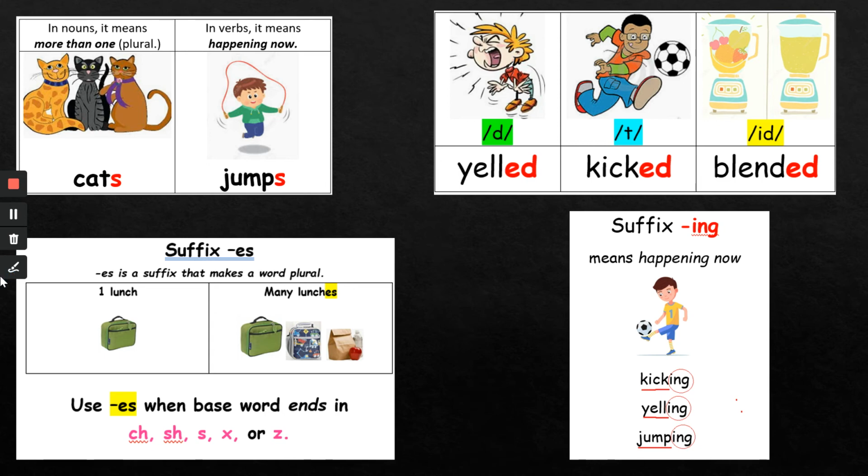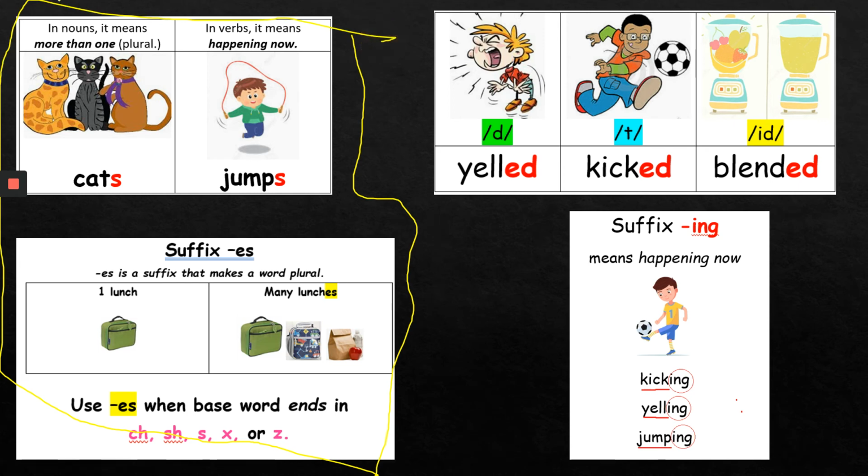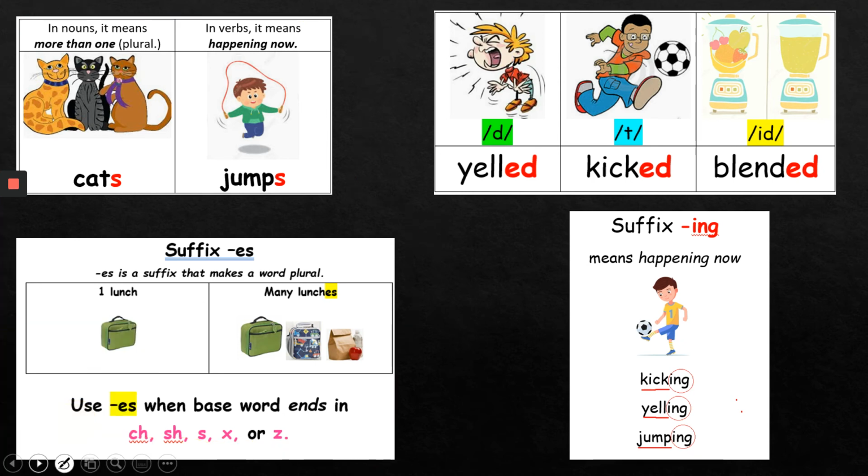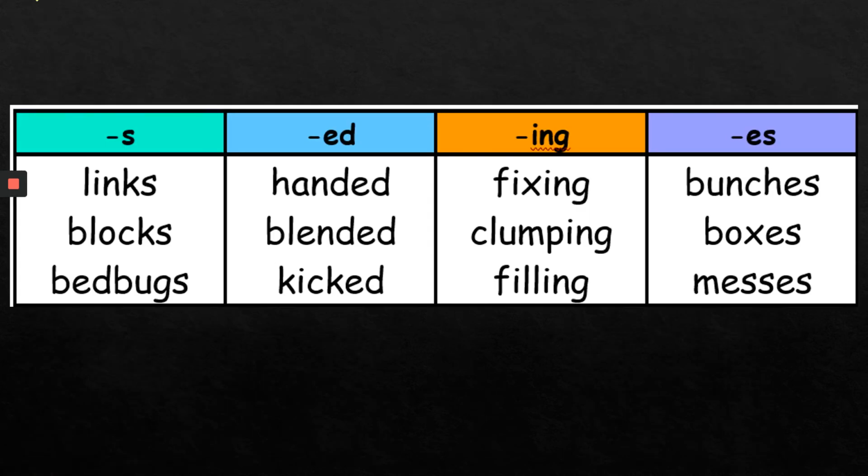So although those two are spelled differently, we like to group them together because they are used the same. You also learned suffix ed, which you know has 3 different sounds to it. It means that something happened in the past. And finally, you learned about suffix ing. This is added to verbs to show that they are happening now in the present tense.